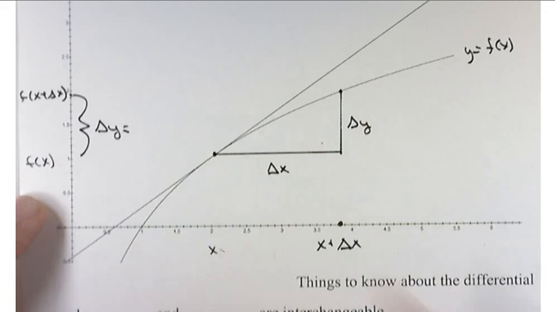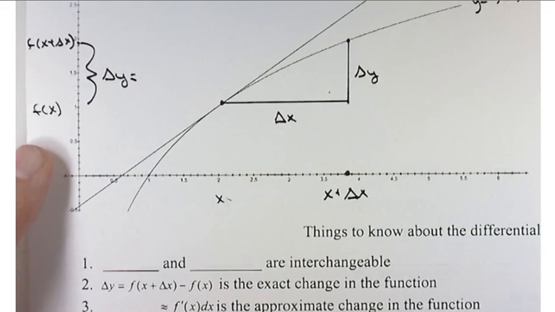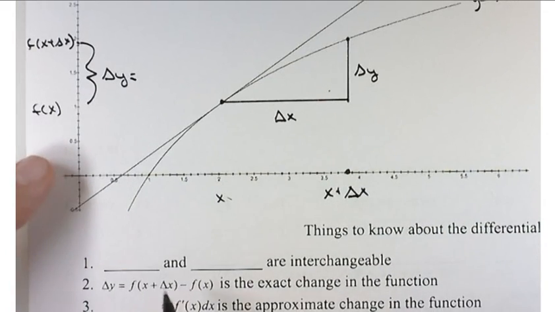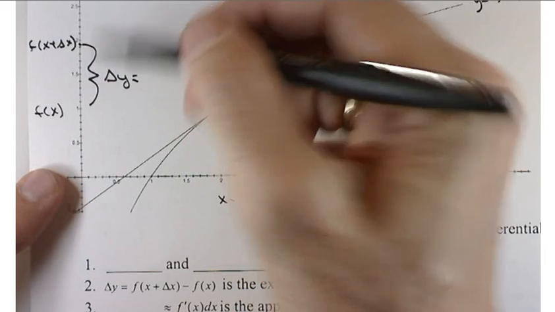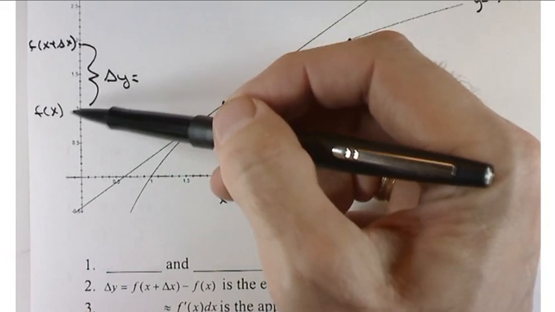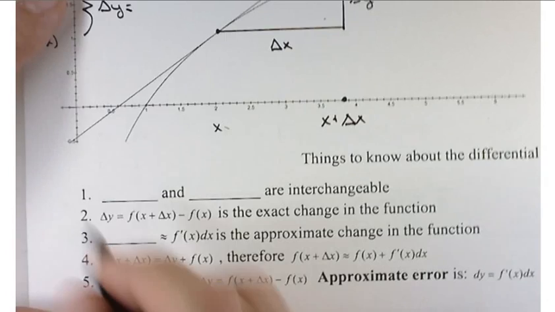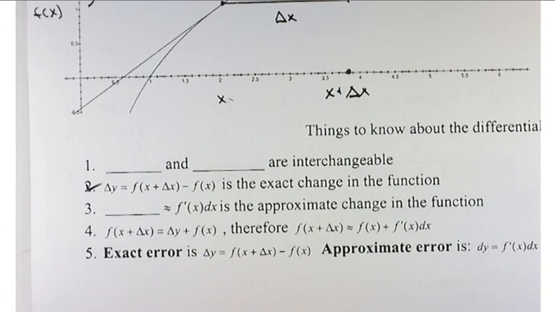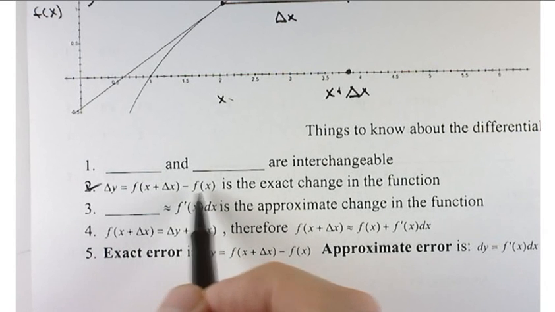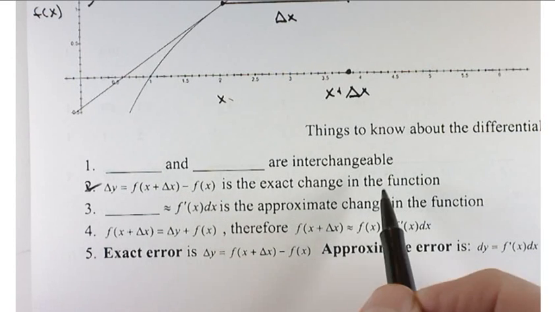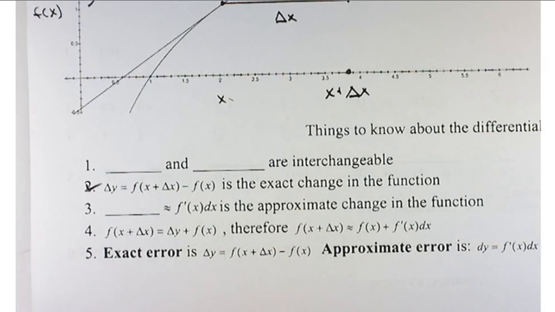And delta y actually has an expression. Delta y is just the difference in these two heights. It's this minus this. This is going to be the exact change in the function. And that definition is down here. Delta y is f of x plus delta x minus f of x. So it's the exact change in the function. When you go from one point, say the square root of 65, to the square root of 64, how much has the value of the function changed?